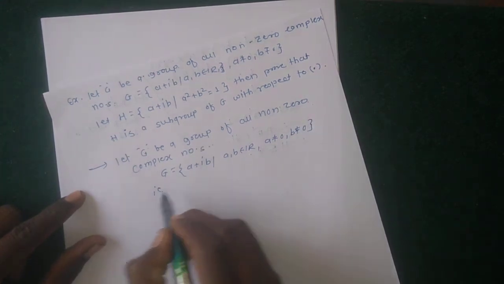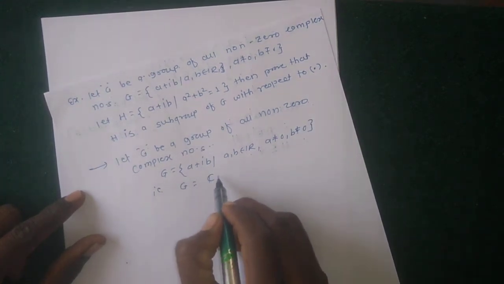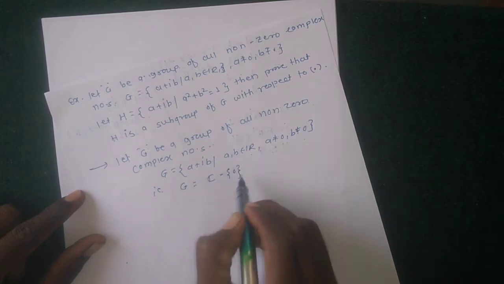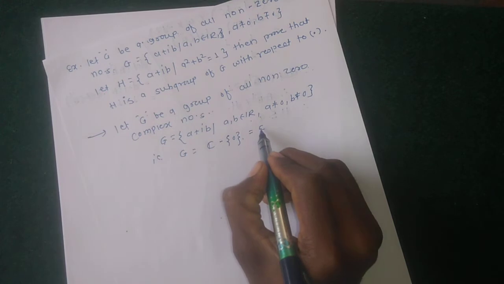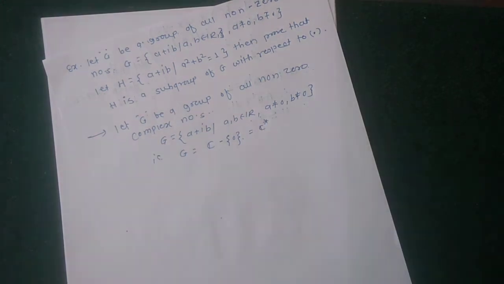That is, G equals the set of complex numbers minus the singleton 0. This is also a notation of C star.